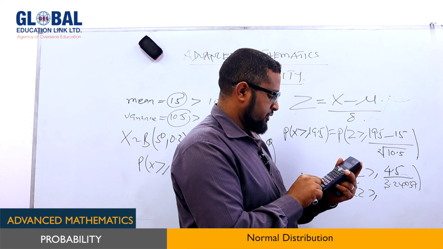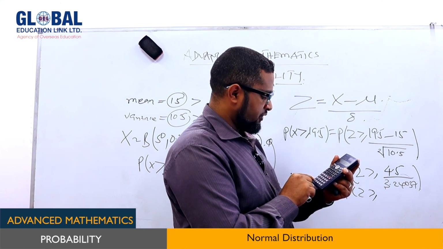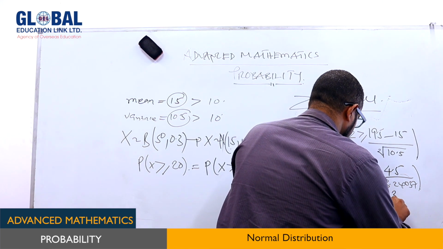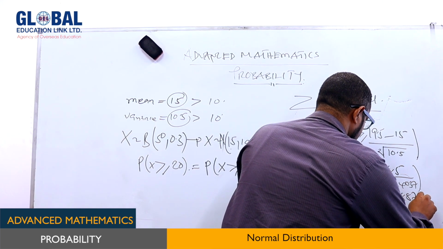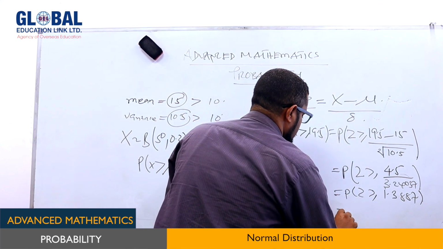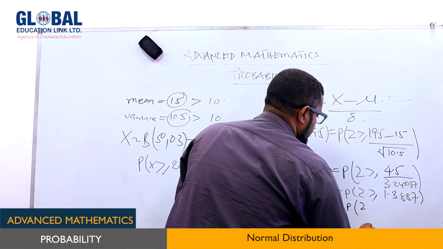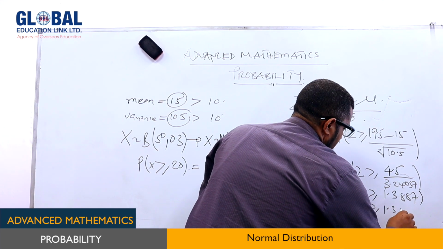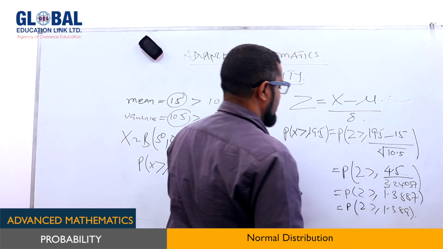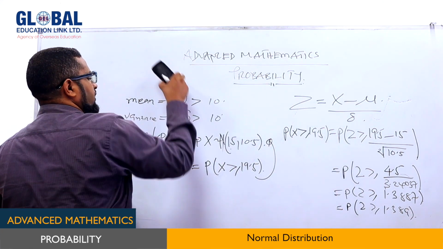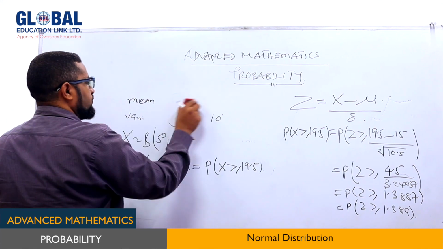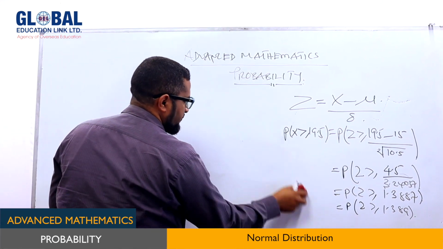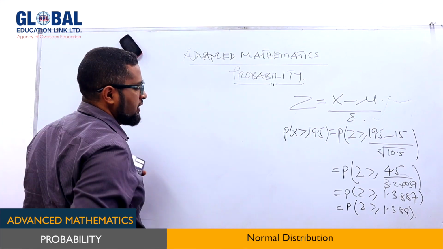So our value here is 1.3887, which you may approximate to 1.389. Now draw the normal curve showing that area, then go and use your calculator to simplify the value.